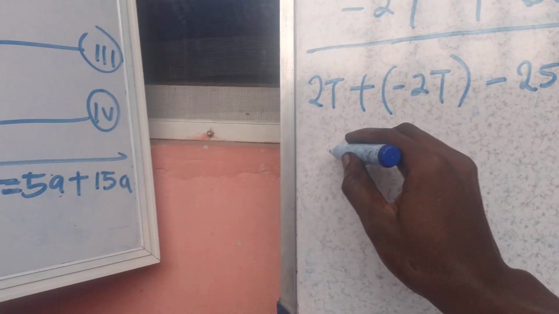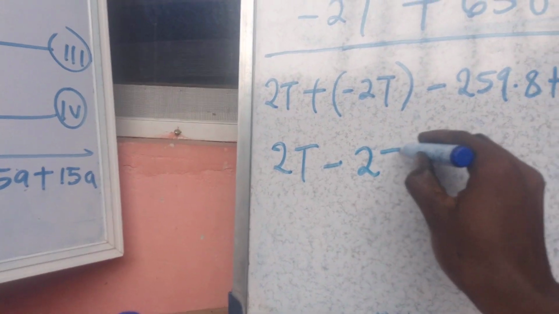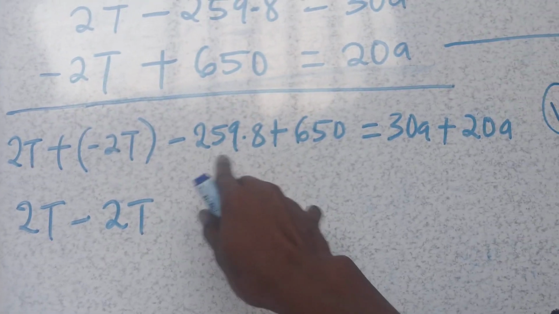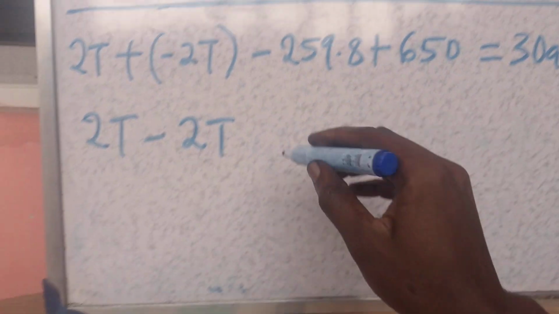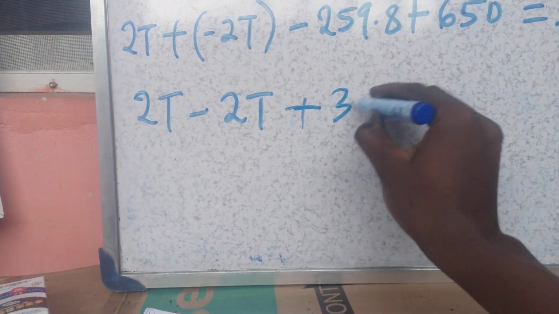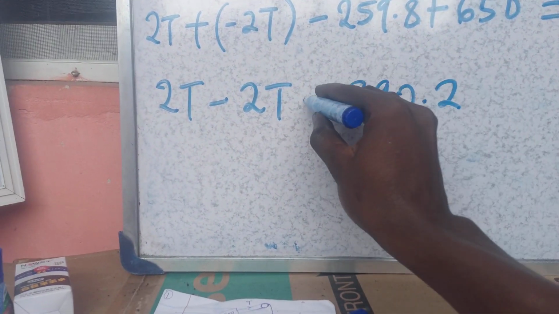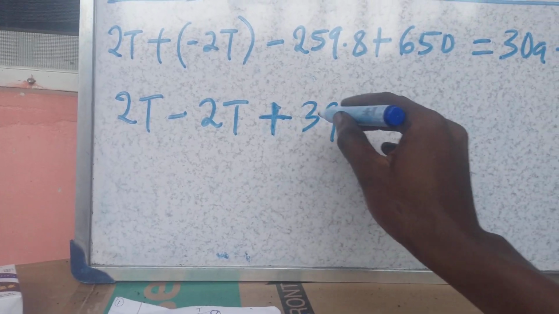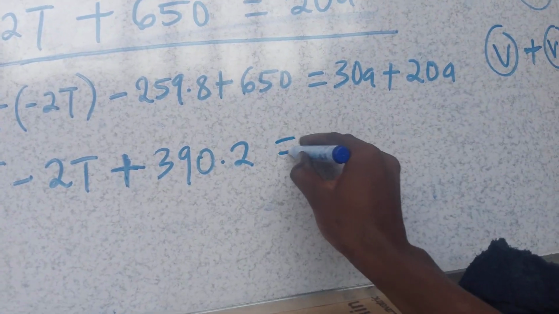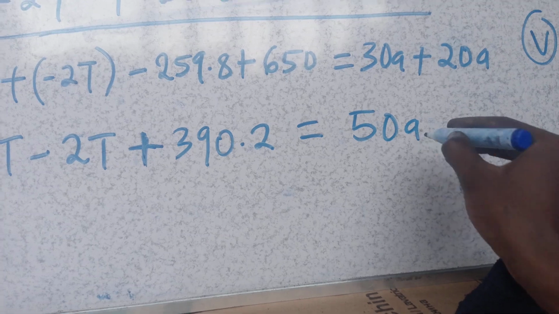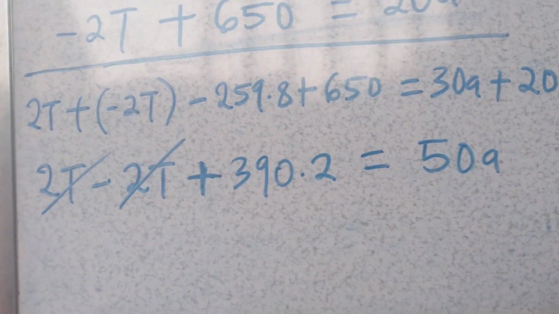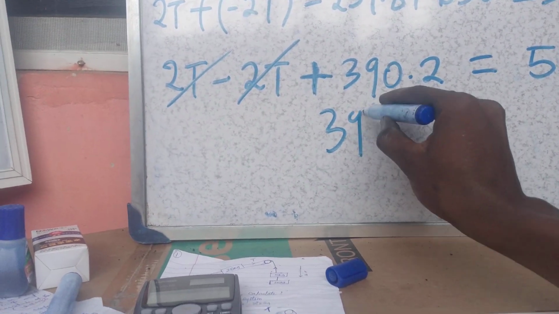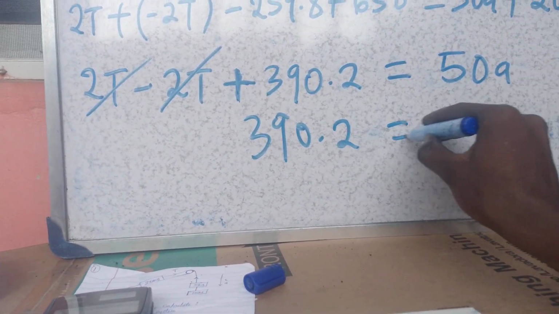So 2t minus 2t is 0, so they cancel out. Minus 259.8 plus 650 will give me plus 390.2, equals 50A. So I'll be having 390.2 equals 50A.